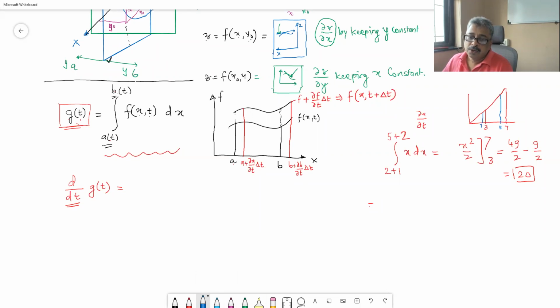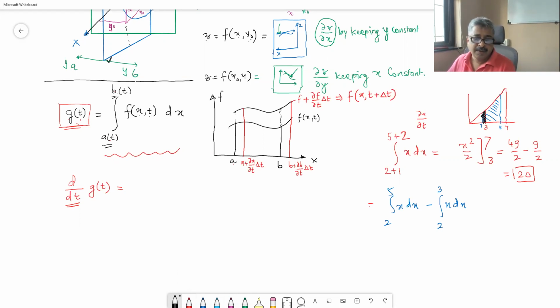If we say integral 2 to 5 of x dx, that means you are finding this blue area. Then you will have to subtract integral 2 to 3 of x dx, that is the extra area that you have unnecessarily added here.